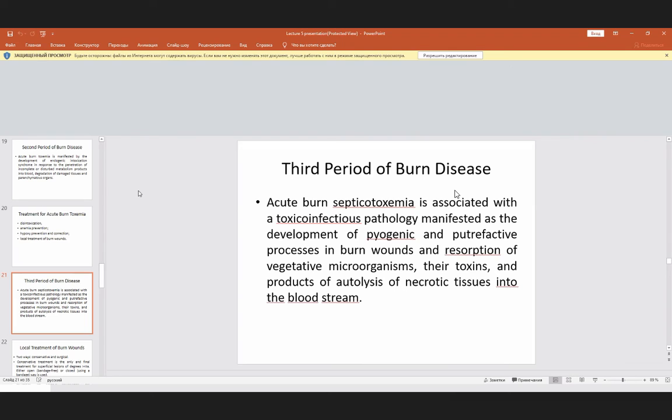The problem of thermal injuries is very pressing as they frequently occur, and they are complicated in pathogenesis and treatment due to the extensive and deep damage.